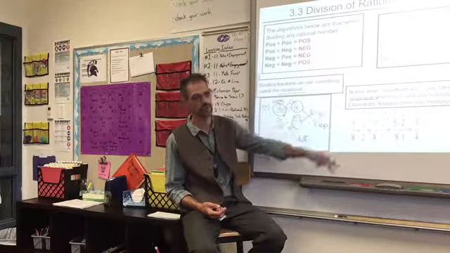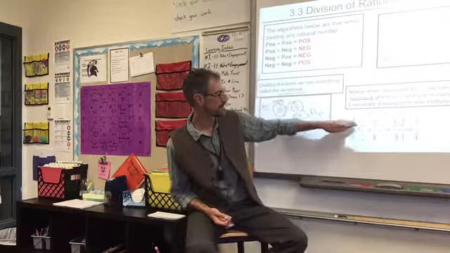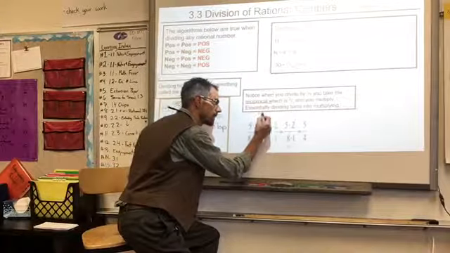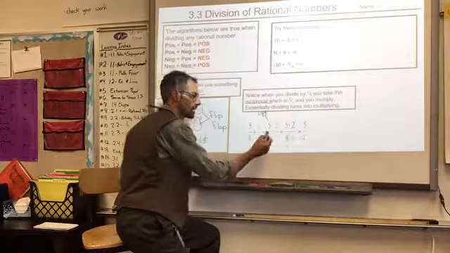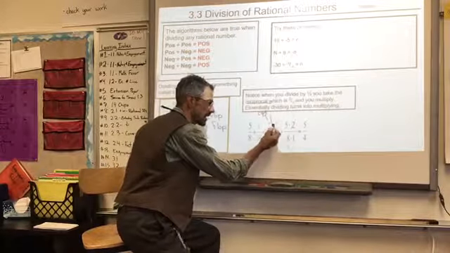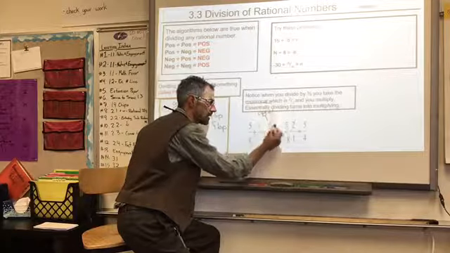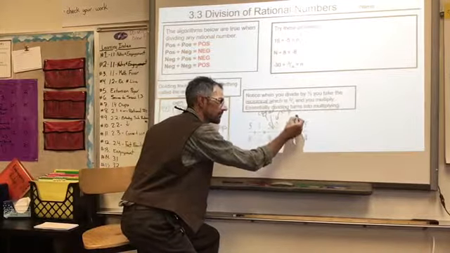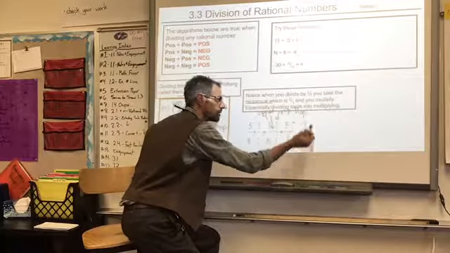Over here, another great example. You have 5/8 divided by 1/2. I can't divide by that fraction, so what do I do? Copy the 5/8. So this is my copy. There is my dot, and there is my flip-flop.